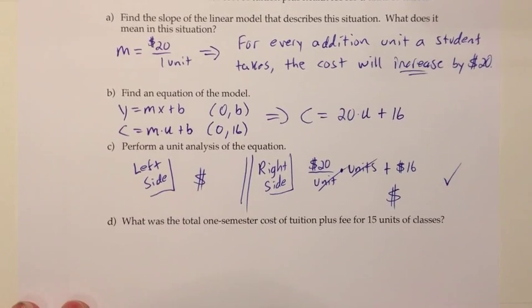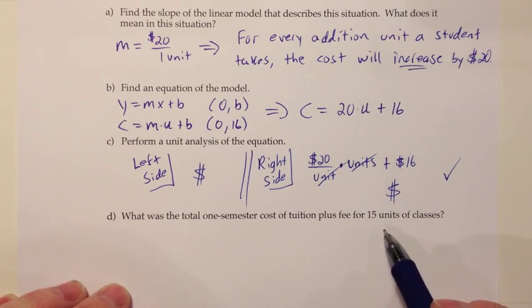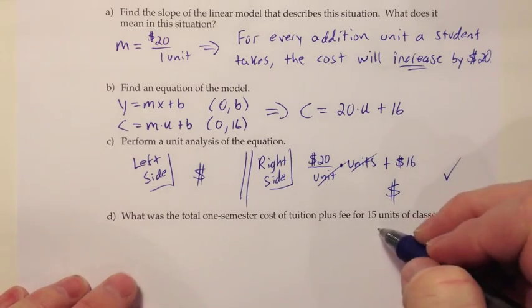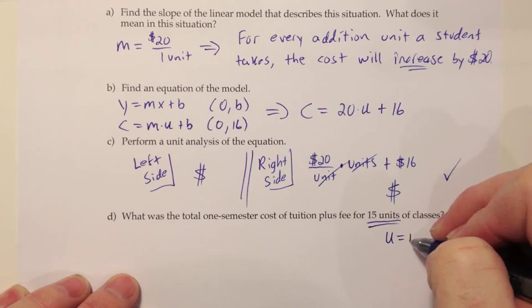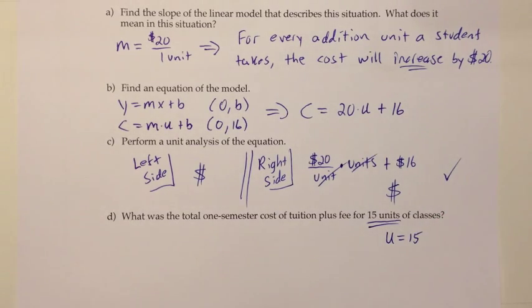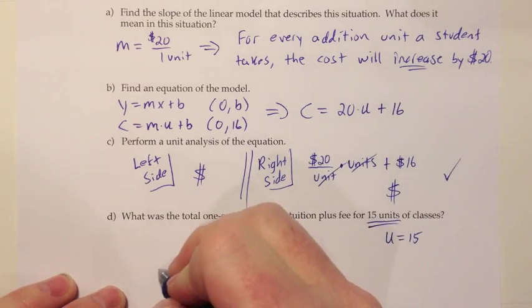Alright, let's go ahead and finish this off. What was the total one semester cost of tuition plus fee if you took 15 units of classes? So they're asking us about 15 units of classes, so U is equal to 15. And they just want to know the cost. We have an equation for that, so we're going to plug in.